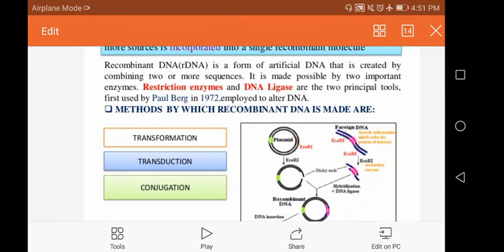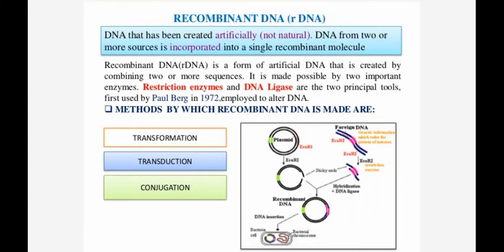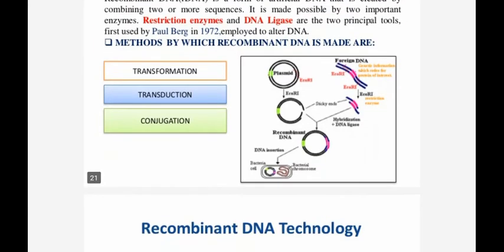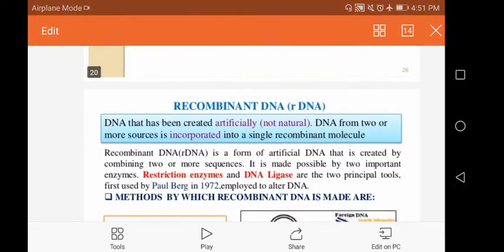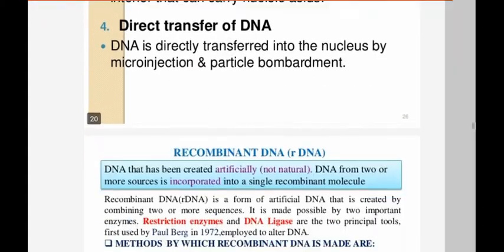It is made possible by two important enzymes, restriction enzymes and DNA ligase, the two principal tools. Methods by which recombinant DNA is made are transformation, transduction, and conjugation. All these three methods you have studied earlier.